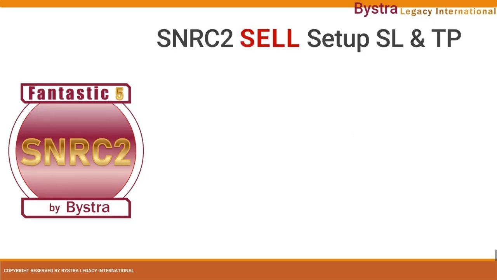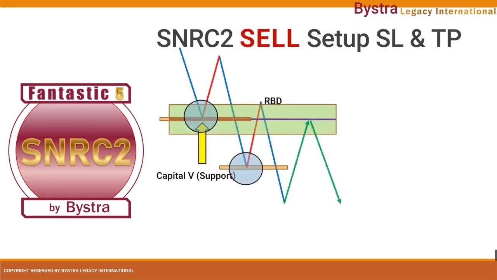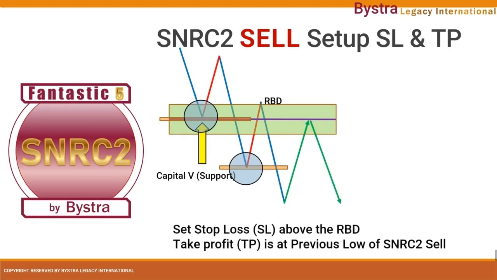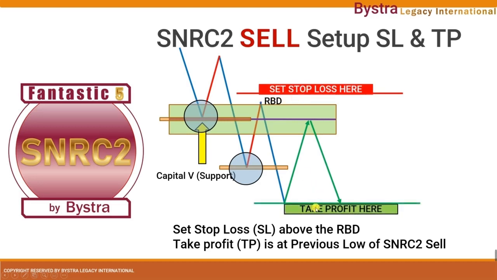Let's go to the SNRC2 sell. For the SNRC2 sell, the SL we need to put above the rally base drop. We need to put 5 pips above the rally base drop, and our take profit would be the previous low of the SNRC2 sell, in this case the previous support.